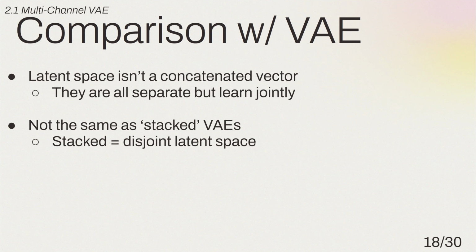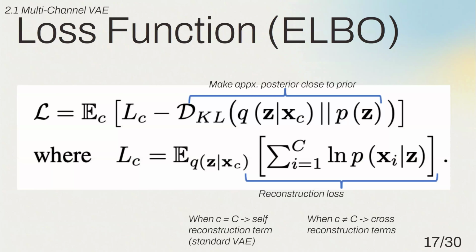If you have n encoders and n decoders, you have n sub z's. But if you go back one slide, you only have one z from which you reconstruct all the modalities, which means there's only one latent space into which every modality goes. That's why I thought so, based on the notation.